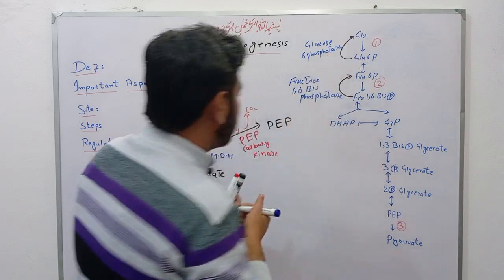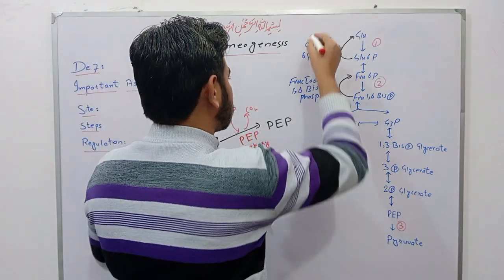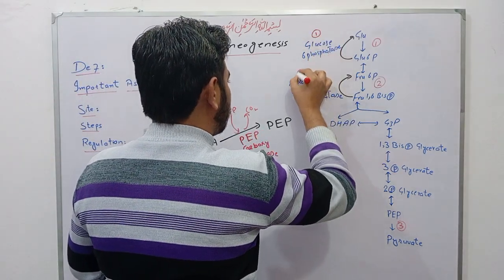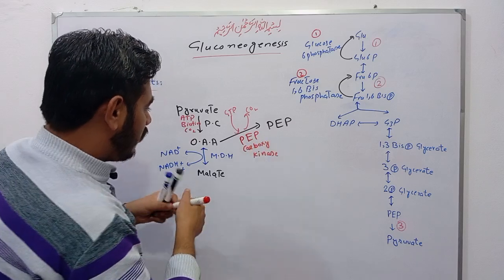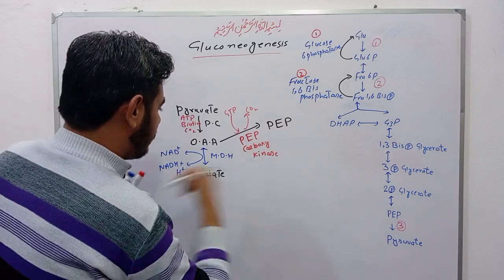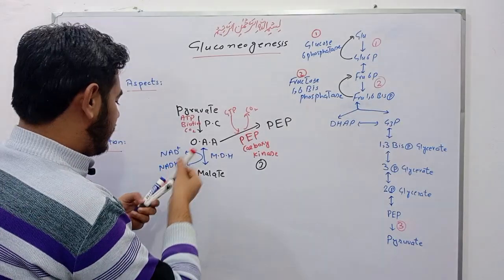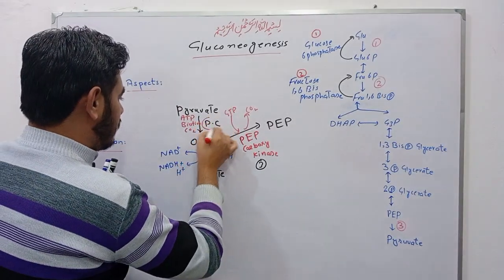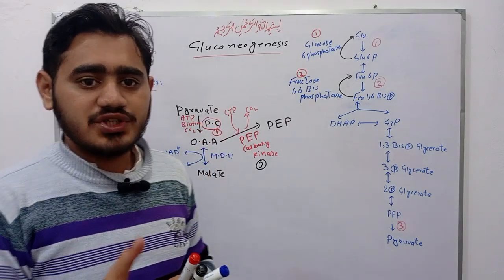This glucose 6 phosphatase, fructose 1,6 bisphosphatase, phosphoenolpyruvate carboxykinase enzyme, and this pyruvate carboxylase enzyme are the important enzymes of gluconeogenesis.